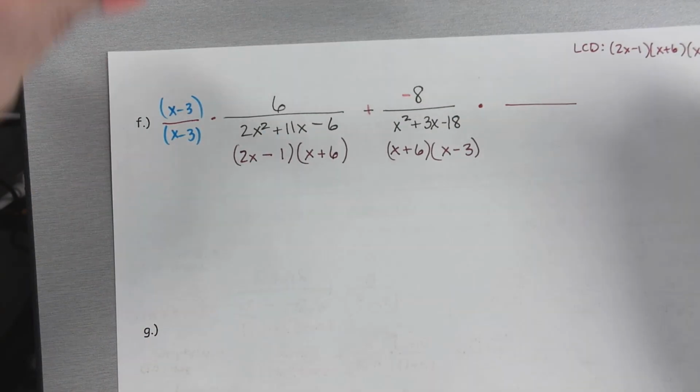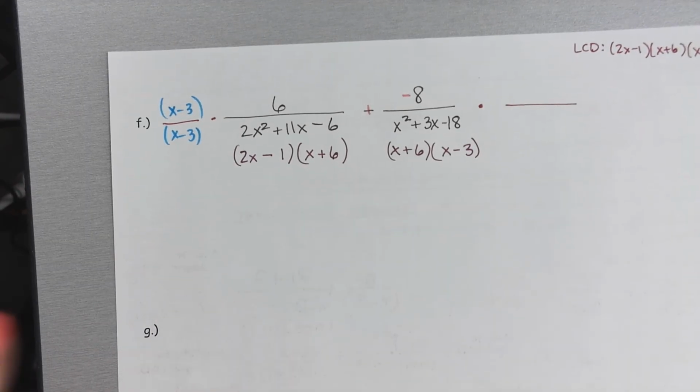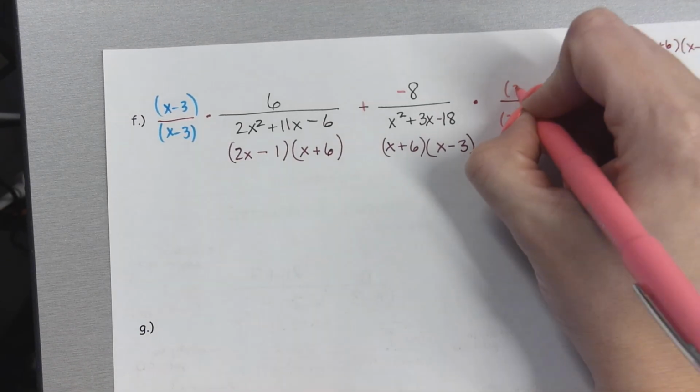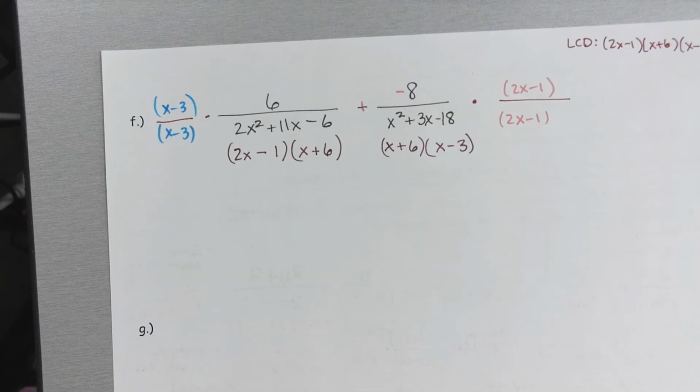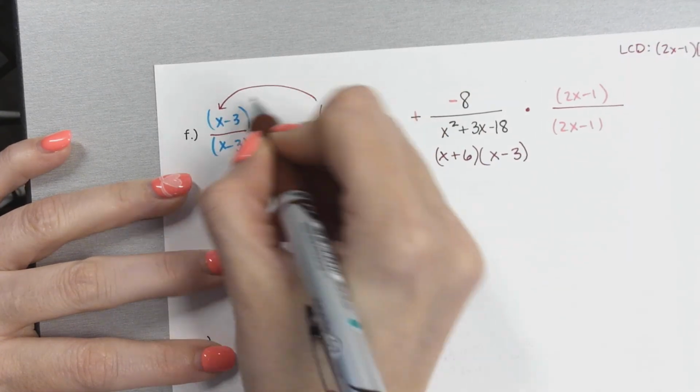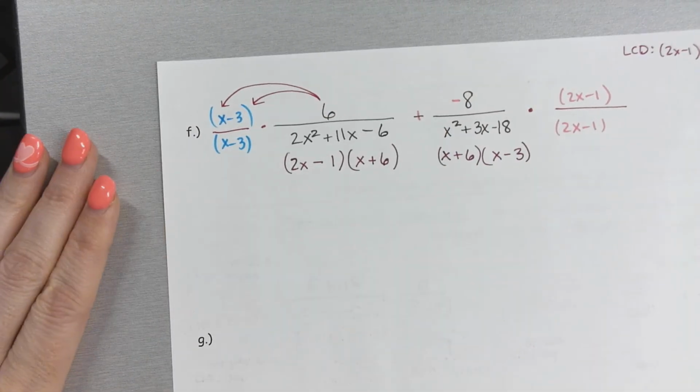Okay, and then on the right side, this one does not have the factor of 2x minus 1. Okay, do not start canceling anything out here. You are going to have to distribute. Okay, so when you distribute, you're going to multiply each of these by 6.